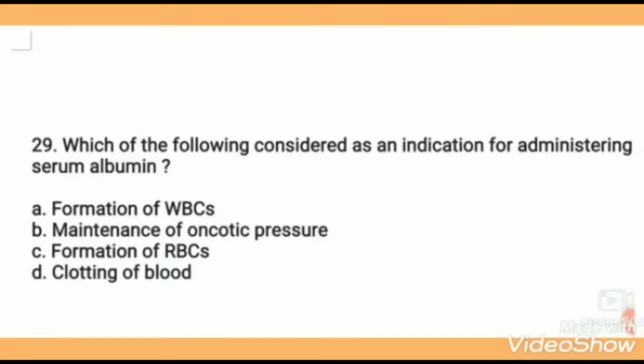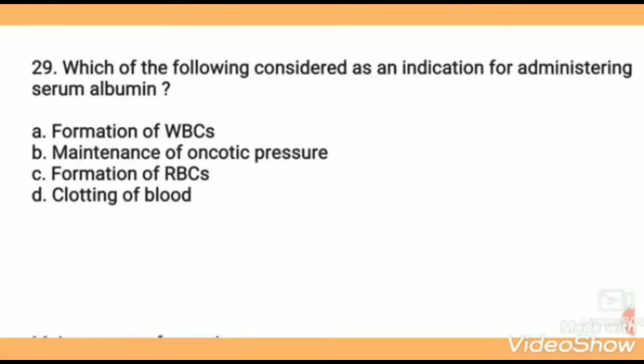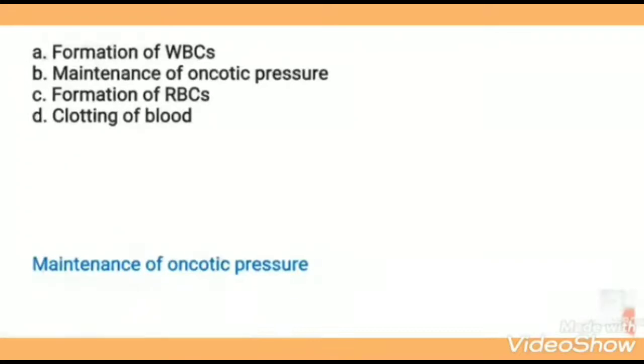Which of the following is considered an indication for administering serum albumin? Formation of WBCs, maintenance of oncotic pressure, formation of RBCs, or clotting of blood? So, the correct answer is maintenance of oncotic pressure.